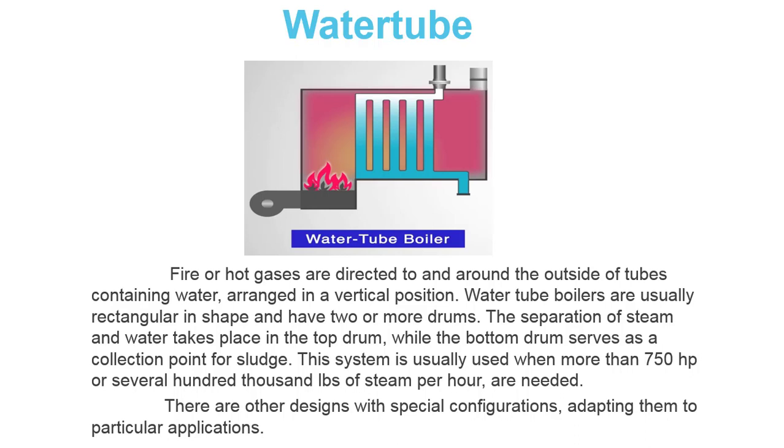The system is usually used when more than 750 HP or several hundred thousand pounds of steam per hour are needed. There are other designs with special configurations adapting them to particular applications. Usually the water tube boilers are very large in size.